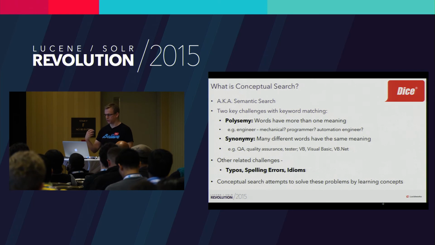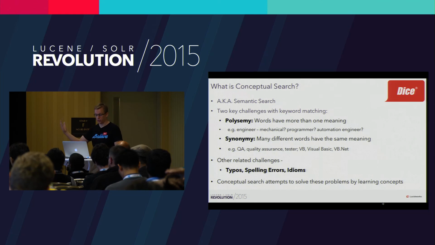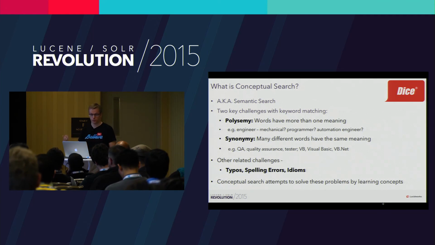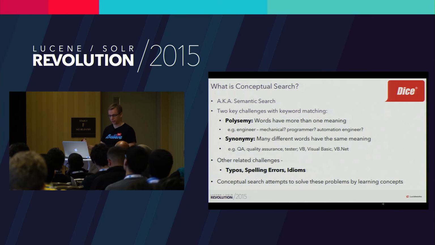And so it's a challenge to make sure that you match across all of these common terms. Conceptual search tries to solve this by mapping these terms into concepts and then matching on those concepts. It will also help you solve things like typos and common spelling errors, and also idioms, which are phrases that mean something very different to the words that are within them.